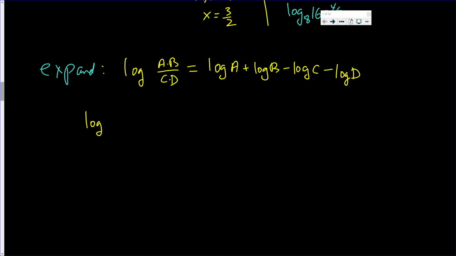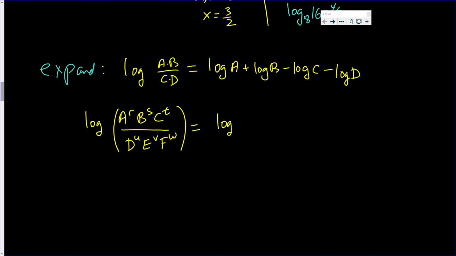What if you had log of a to the r, b to the s, c to the t, over d to the u, e to the v, and f to the w? Expand this. Well, since this is in the numerator, it'll be positive log of a to the r.